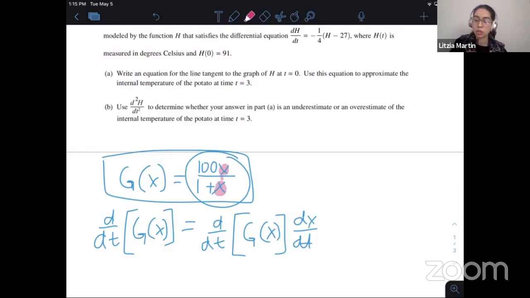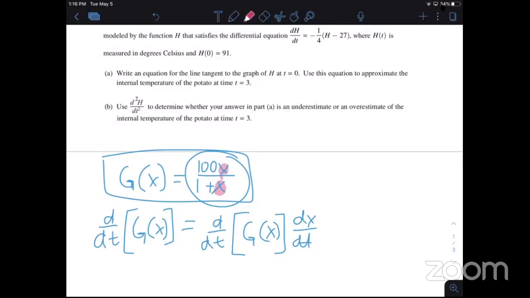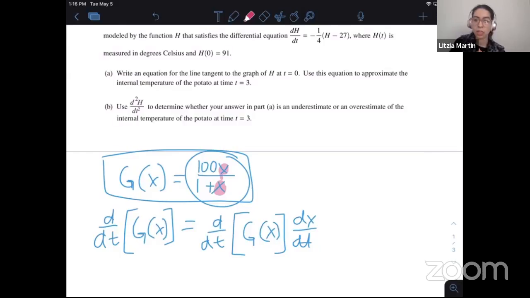Right? So if you're taking the derivative with respect to time of a function that is in terms of x, we have to multiply by that dx over dt. Any questions on that? Could you explain how to take the derivative of 100x divided by 1 plus x? It's a quotient rule because it's division.